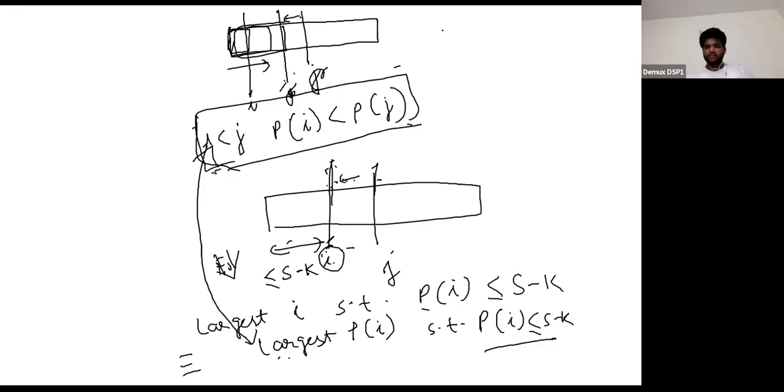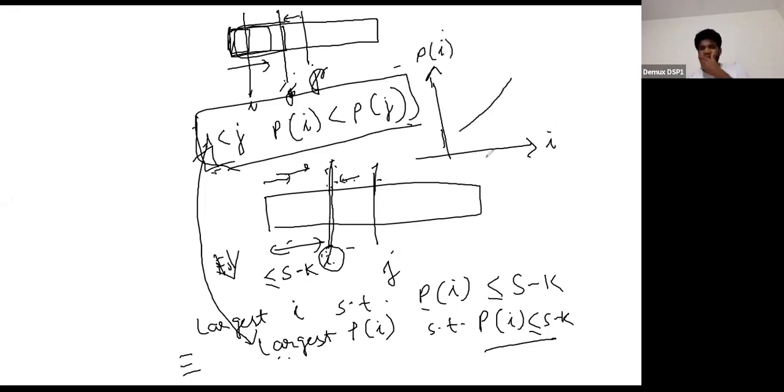So what I'm saying is, as your i is increasing, your p_i is also increasing, right? So let's see this. This is i, this is p_i. As i is increasing, p_i is also increasing. So you have to find one cutoff i for which this p_i is less than s minus k. So s minus k is somewhere here. You put all these i's, i1, i2, i3 on this line.